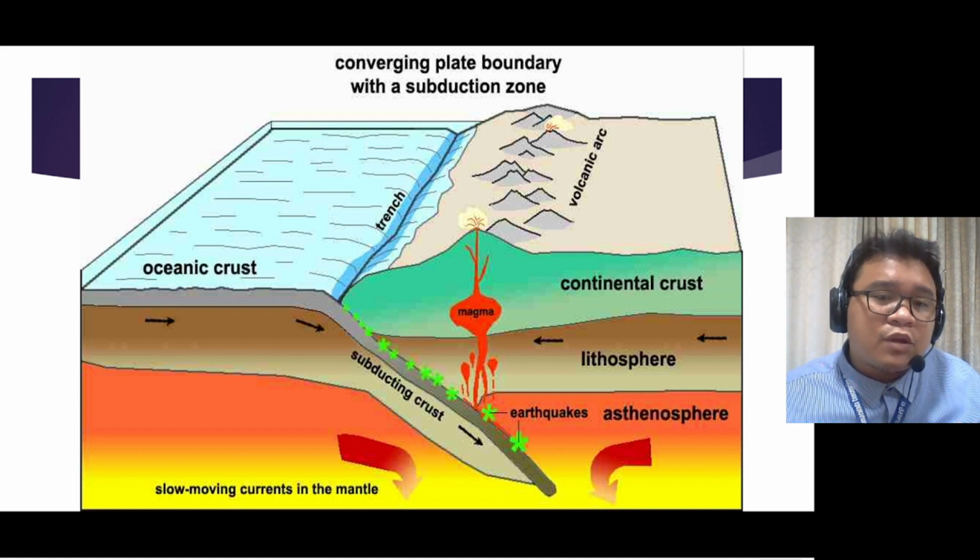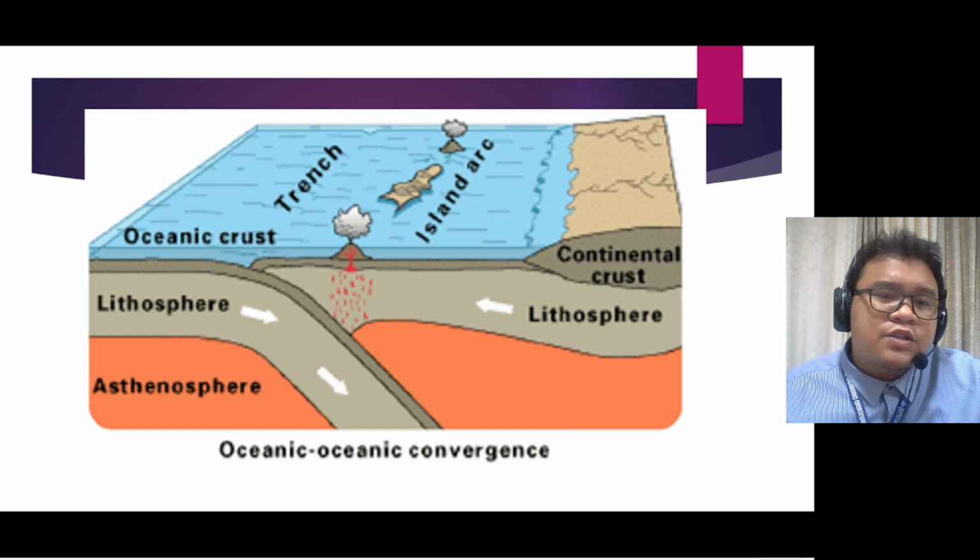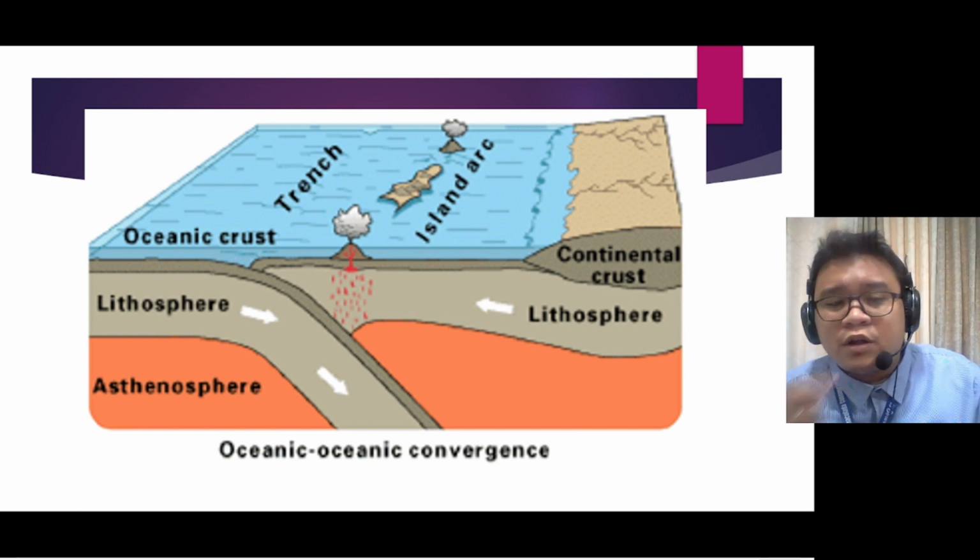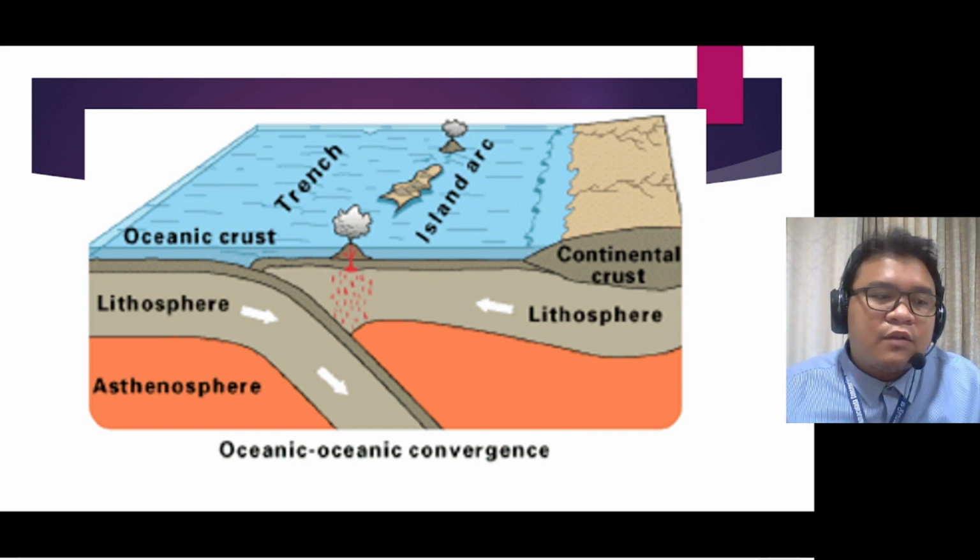Parallel to a trench system, there exists what we call the volcanic arc, which is a chain of volcanoes as a result of the subduction of an oceanic crust underneath the overlying continental crust.